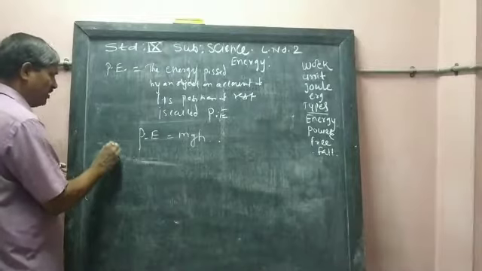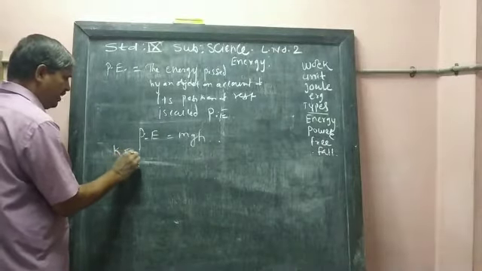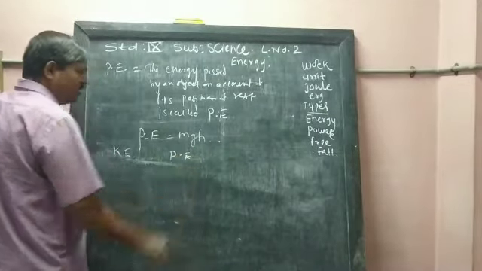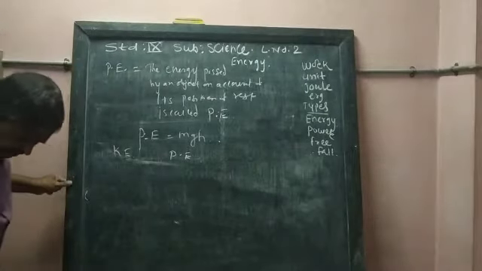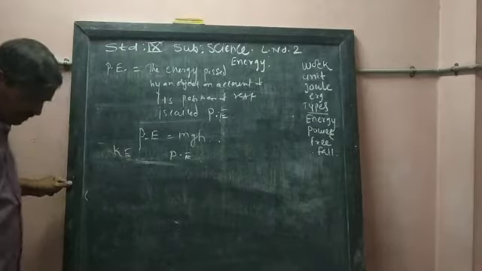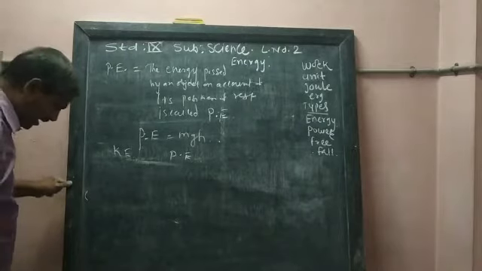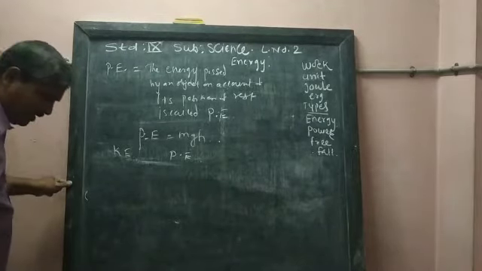What is the difference between KE and PE? A simple question can be asked in the exam, that differentiate between kinetic energy and potential energy. You may write only two statements and you will get 2 marks.